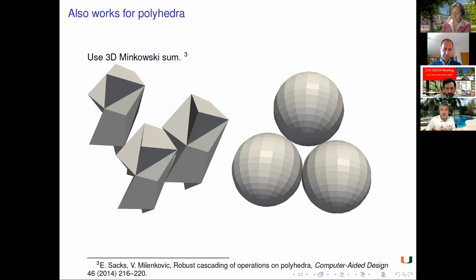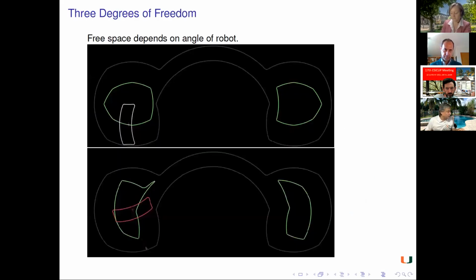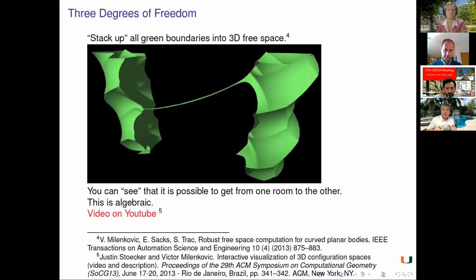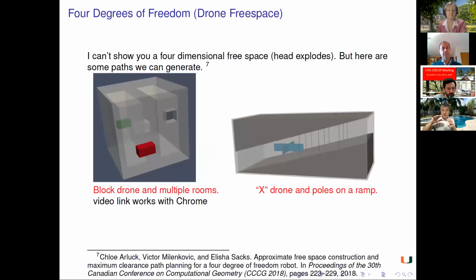The other thing I should mention is the four degree of freedom approximate work, which Chloe did. Not only does she take the slice for all these different angles, but she also does approximations for different clearances.